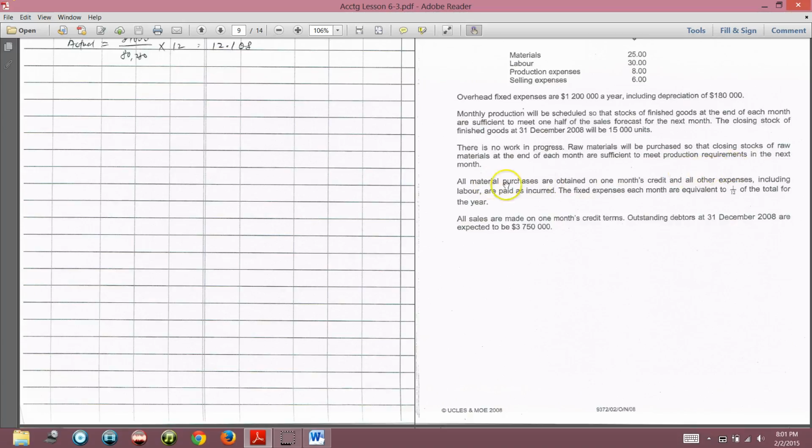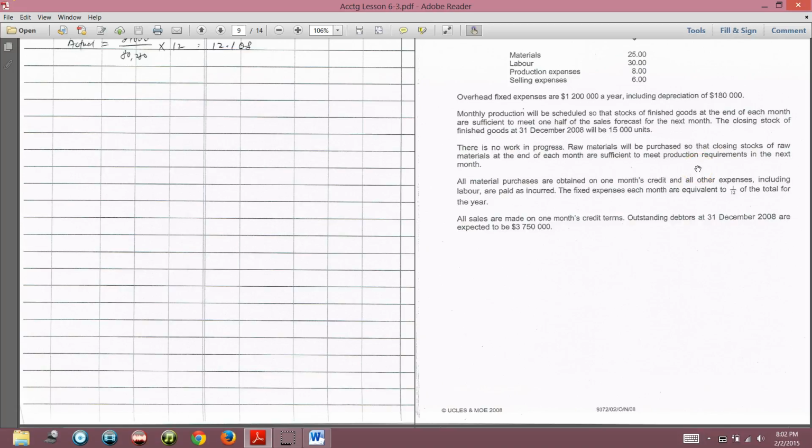All material are obtained on 1 month credit term. Listen carefully. So that means whatever you purchase in January, you will pay in February.